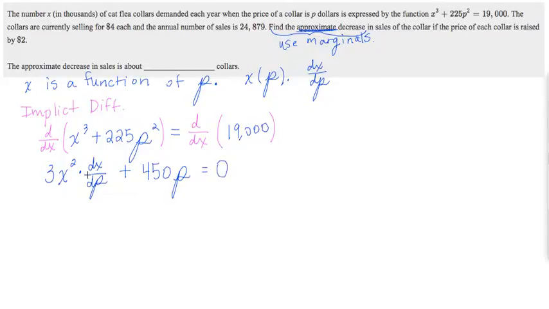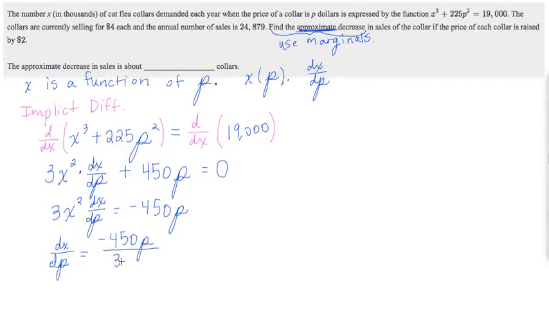Okay, now we need to solve for dx/dp. So 3x squared times dx/dp equals negative 450p. Then we divide both sides by 3x squared to get dx/dp by itself. So we get negative 450p over 3x squared.